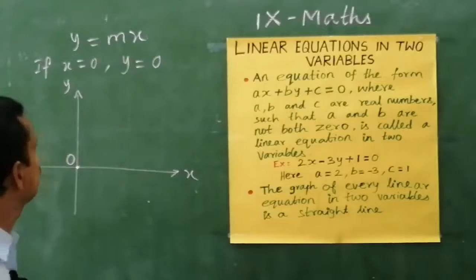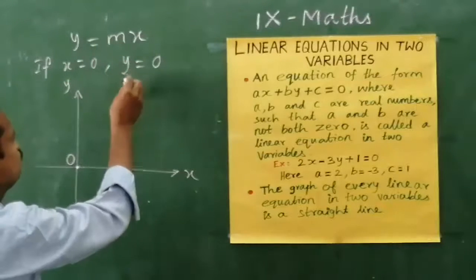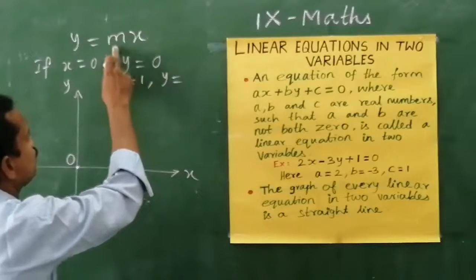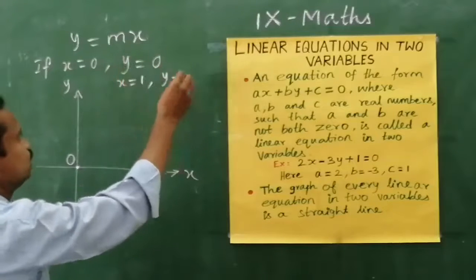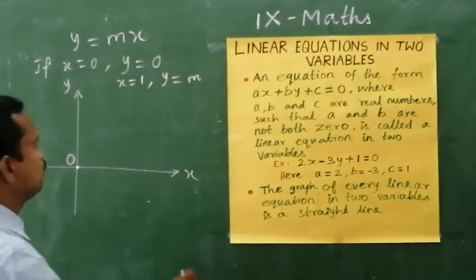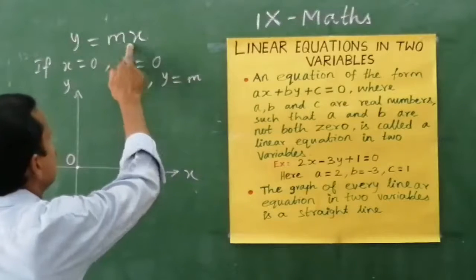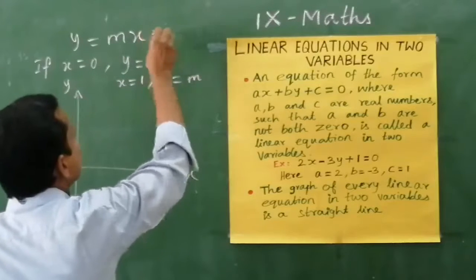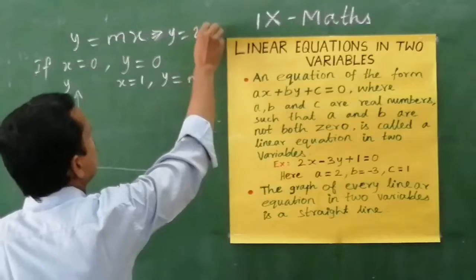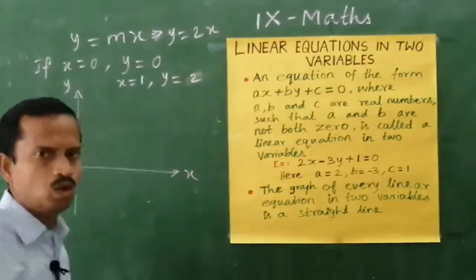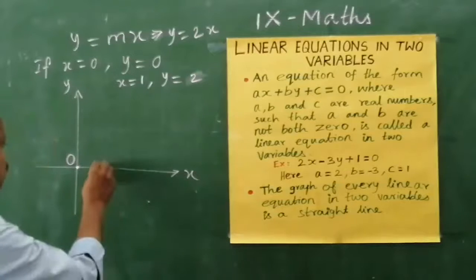through the origin. For example, if x equal to 1, what about y? m into 1, that is m, any constant. For example, instead of y equal to mx, if this is y equal to 2x, this becomes 2, then we get the point 1 comma 2, and easily we can plot it.